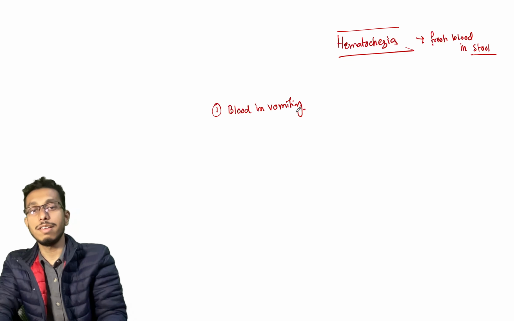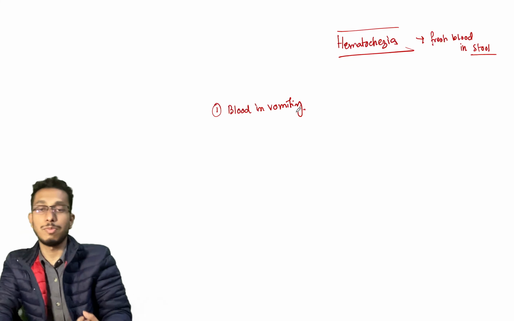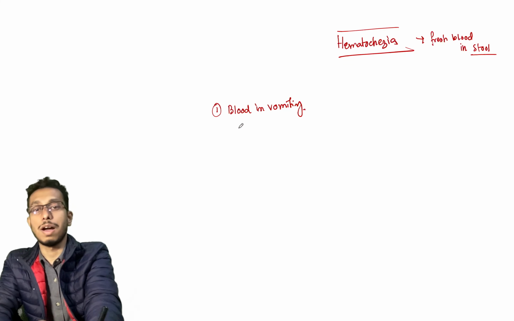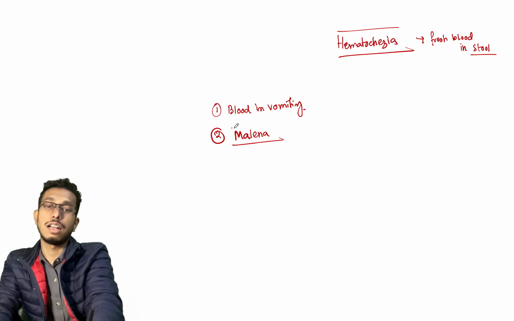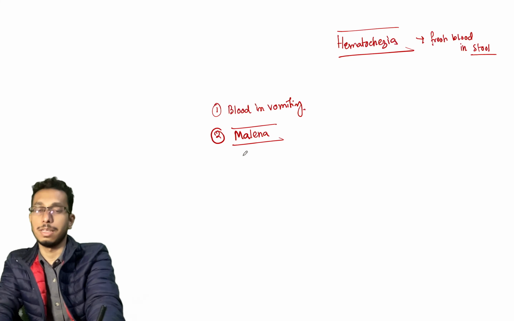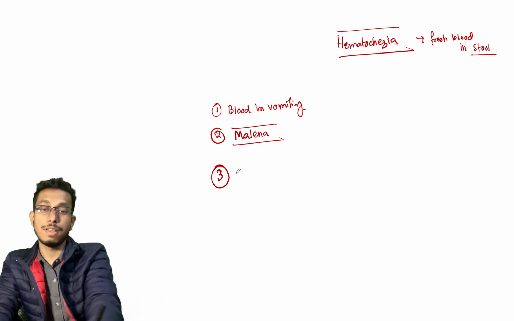Now when someone is vomiting blood, they will also ingest some amount of blood. This blood gets metabolized and converted into a dark colored pigment which is passed in the stool. That is known as melena. So what is melena? Melena is dark colored stool, which is nothing but the blood ingested by the person. Secondly, besides melena, upper GI bleed can surprisingly also present as hematochezia.